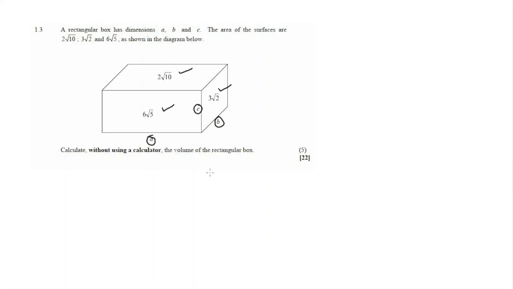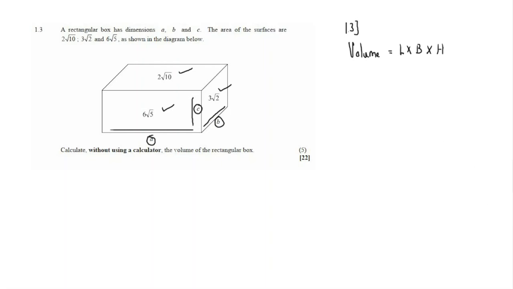So the volume: the general formula for calculating volume is volume equal to length times breadth times height. In this case, the length is a, the breadth is b, and the height is c.